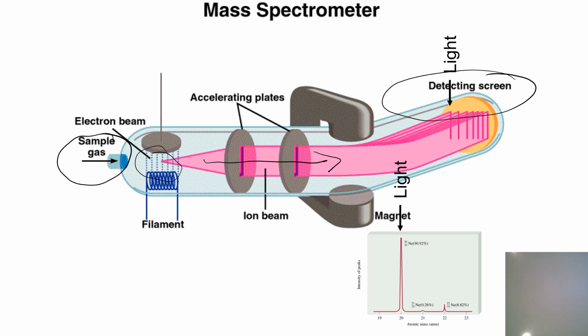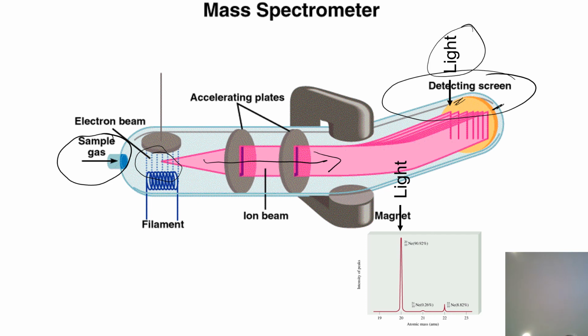You can see that some of these ions hit the screen here and some over here. The lighter charged particles hit the screen on this end, heavier ones toward the right. Then the detecting screen enables the determination of the relative abundance of those isotopes.